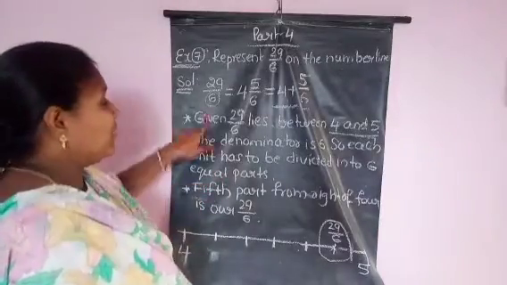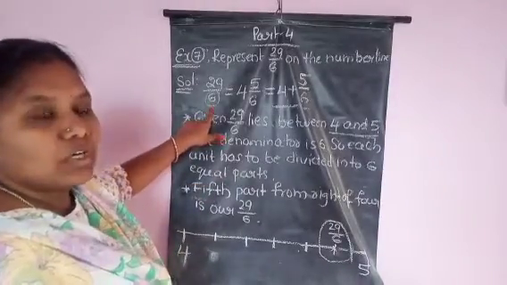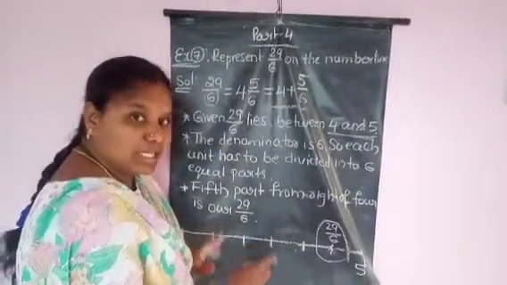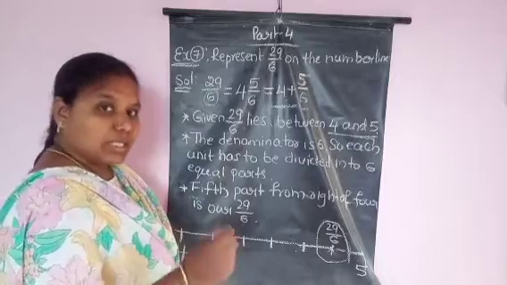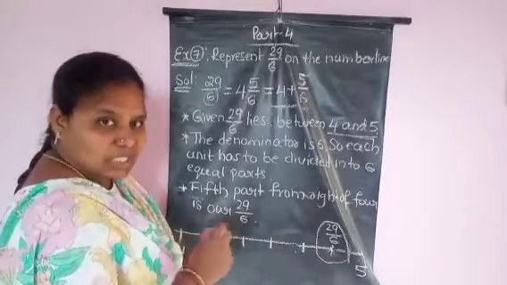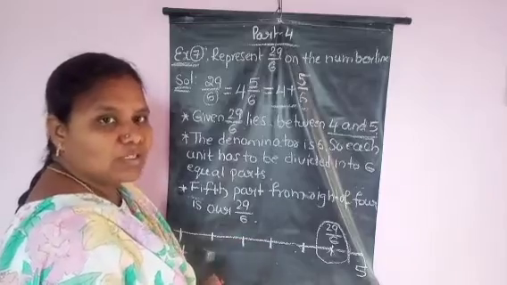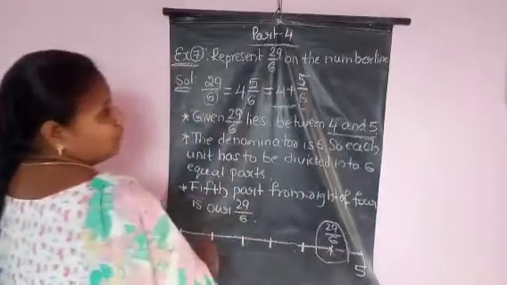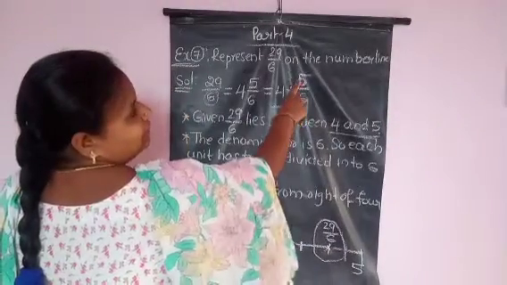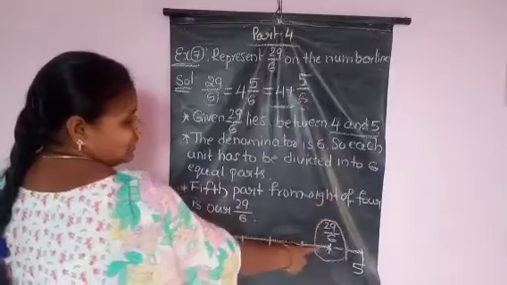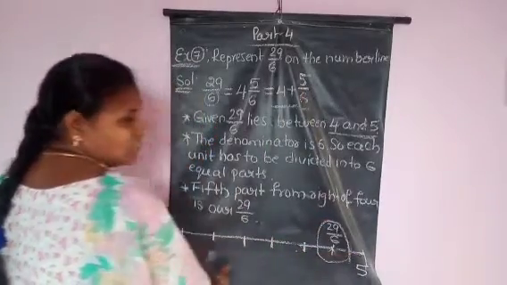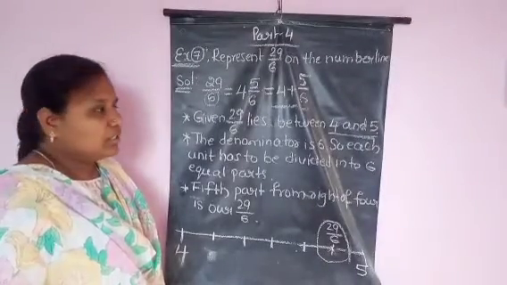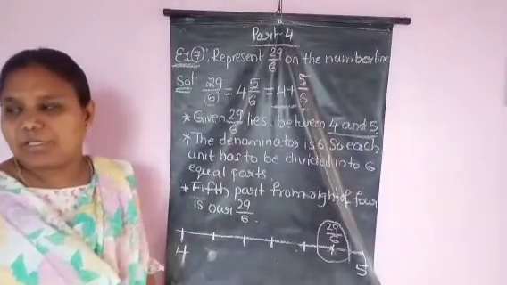The denominator is 6, so each unit has to be divided into 6 equal parts, and the distance between 4 and 5 is also divided into 6 equal parts. From the 6 equal parts, the 5th part is our 29 by 6. Is it clear, children? Yes, please copy this.